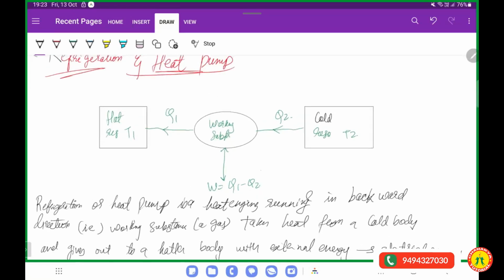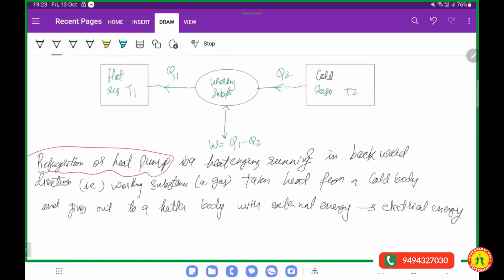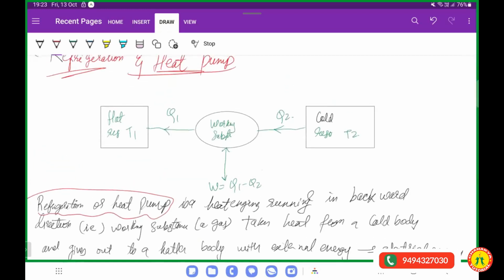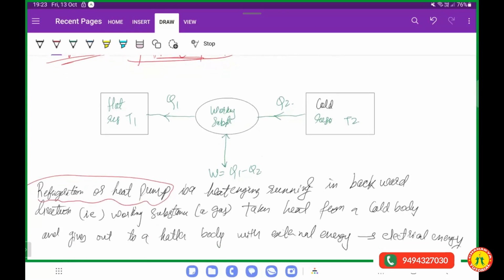Both of these, the heat pump and refrigerator, are almost the same. In this one, we cannot find efficiency. We need to find how much it can perform, the performance.